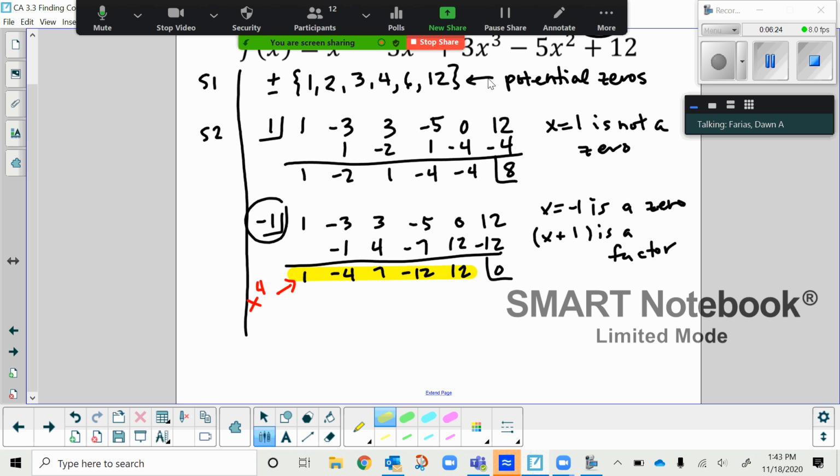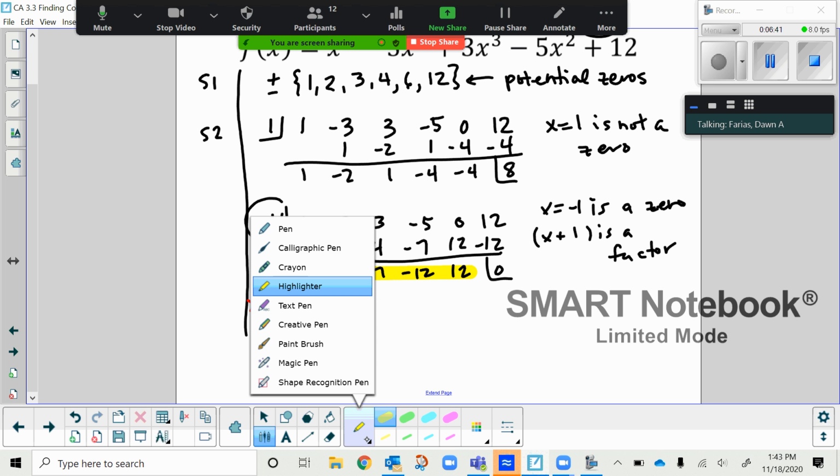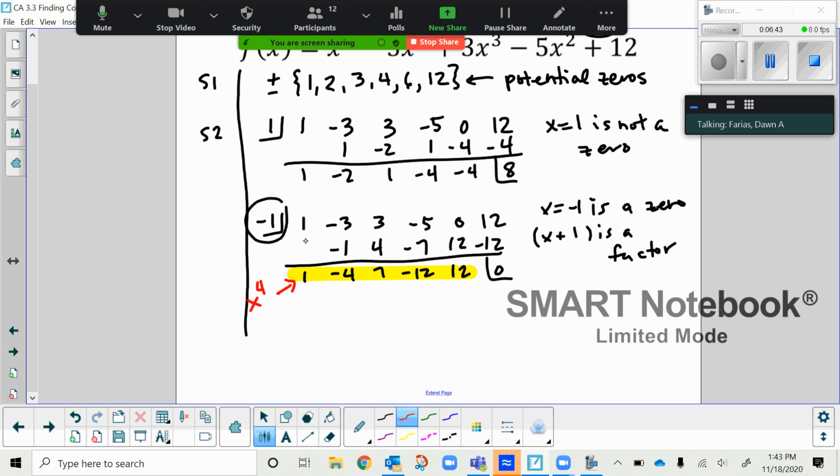So if you read step 3 to yourself, it says, and obviously I'm going to read it out loud as well, continue testing zeros as needed. And we do need to in this case. So what we're going to do is pick some other 0 to test from step 1, that bank of potential zeros that we created.